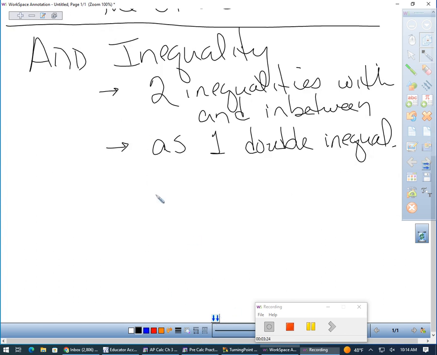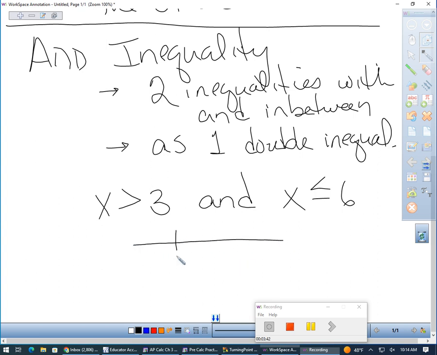For example, let's say I have x is greater than 3 and x is less than or equal to 6. When I put that on a number line, at 3, because it is greater than 3, that is an open dot and it goes this direction.